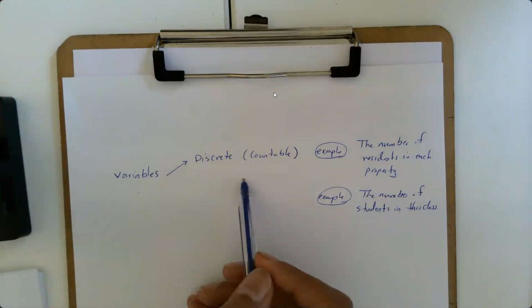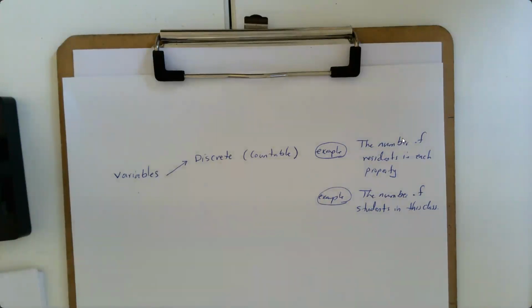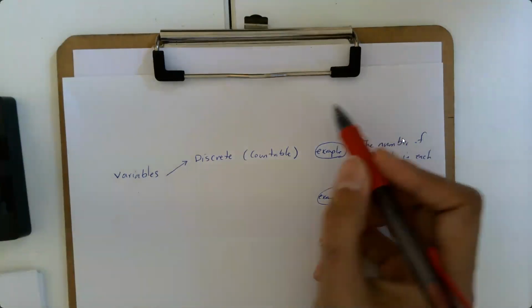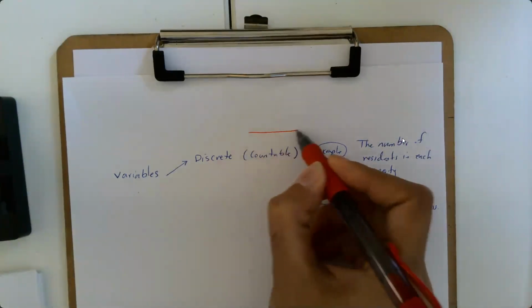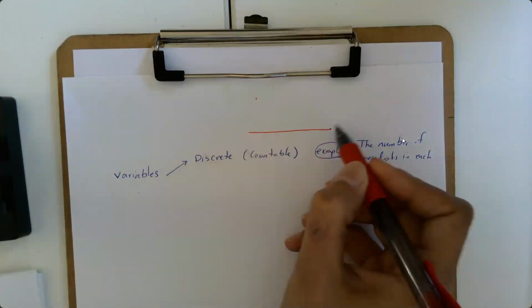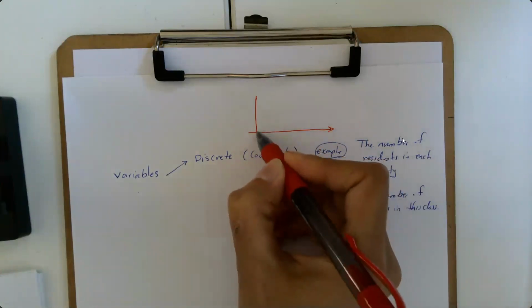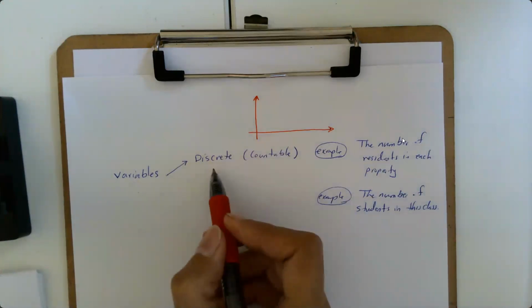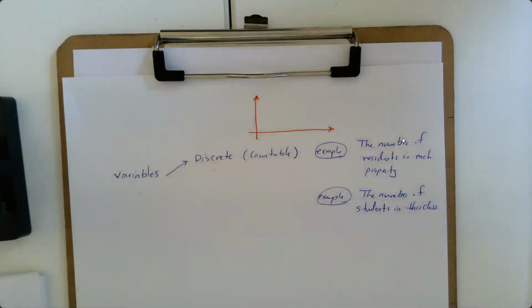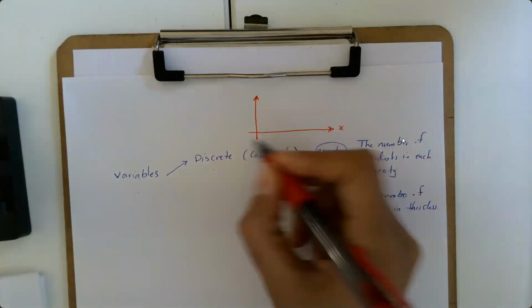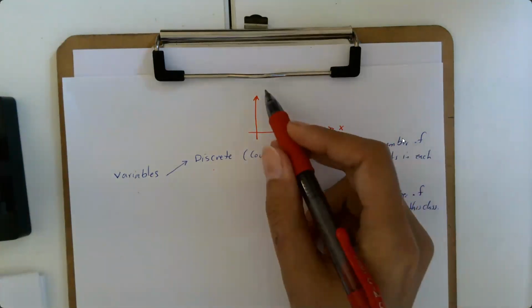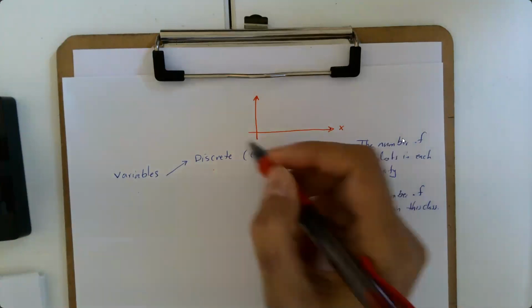What we learned about discrete variables is that we can use a histogram to graph and visualize the data related to a discrete random variable. Remember that here we had x on the horizontal axis, and on the vertical axis we have the relative frequency.